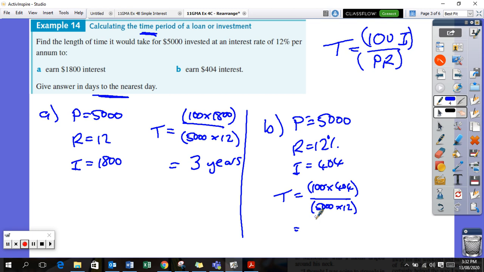Times 404 divided by 100 times 404 divided by 5,000 times 12, and we get 0.673 years.